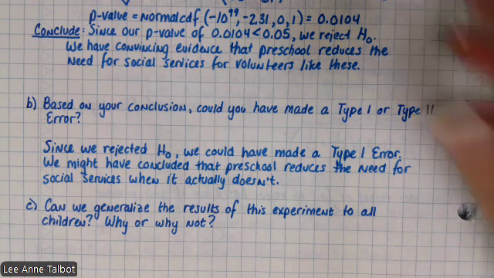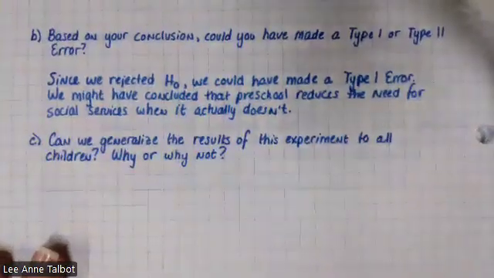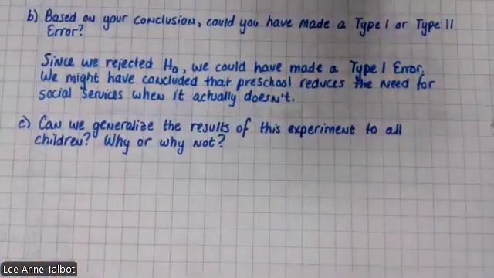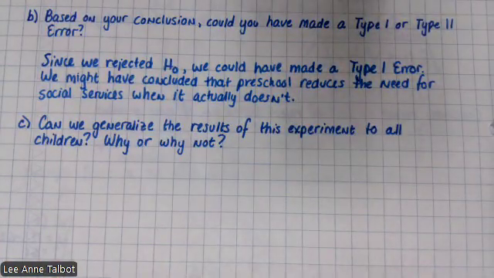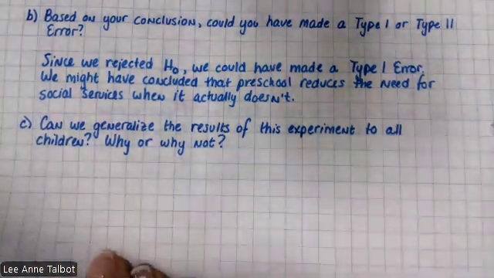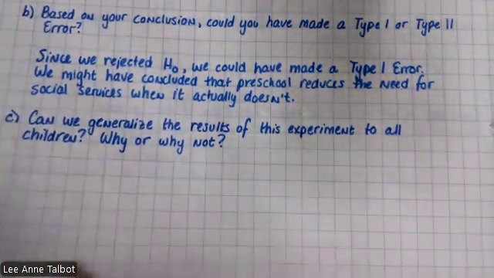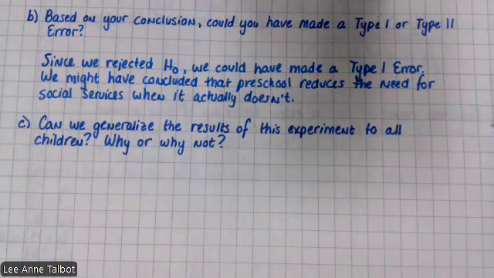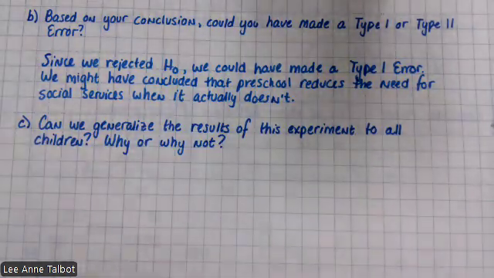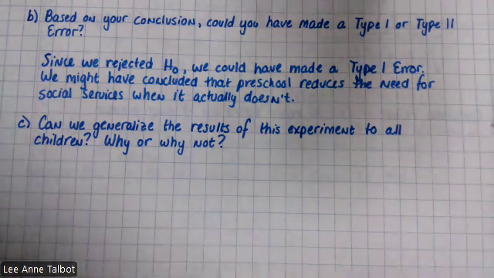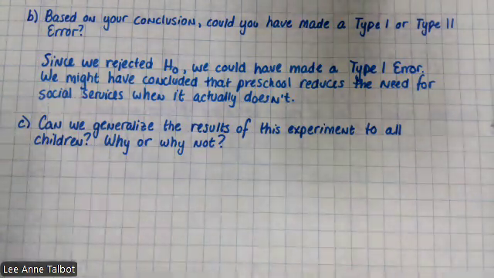Anyway, okay, last thing. And the last thing is actually a chapter 4 question. It's not a chapter 9 question. Can we generalize the results of this experiment to all children? Okay, I'm going to find you something to help you answer that. It's in your blue sheets with all your definitions on it. Okay, here you go.